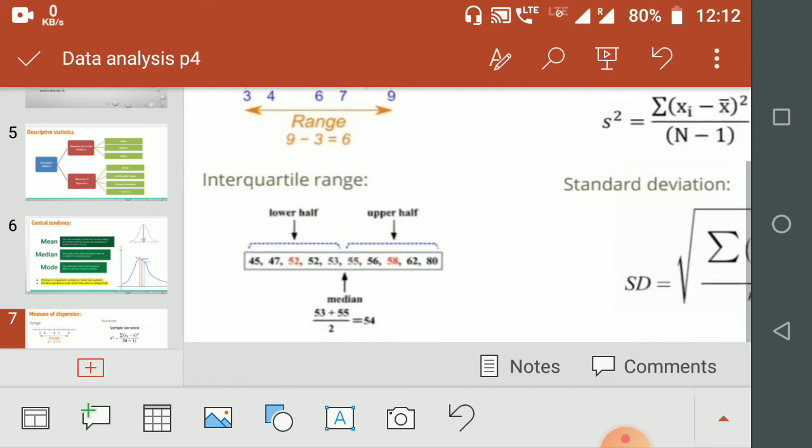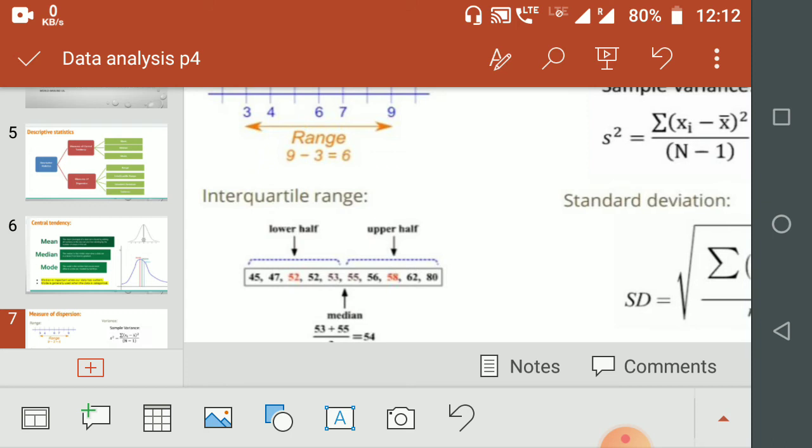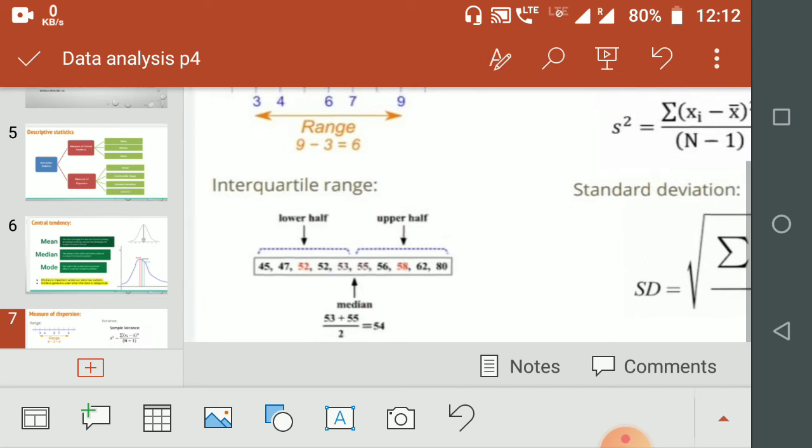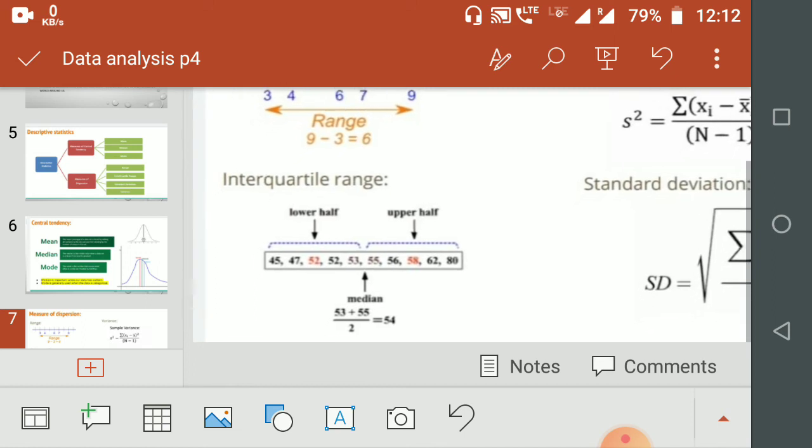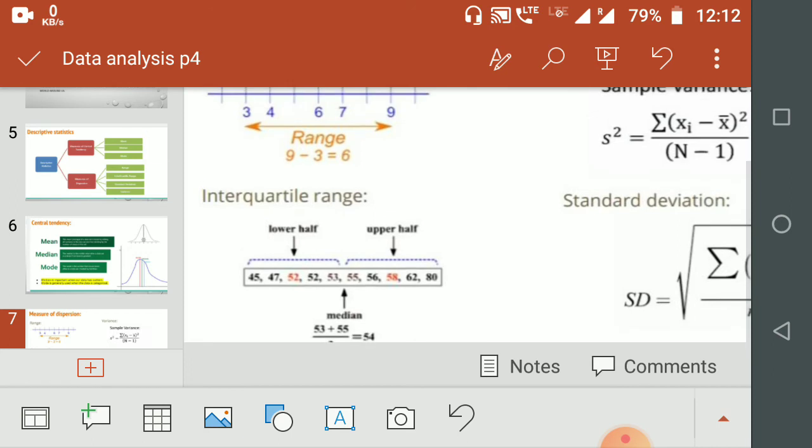We have a lower half and an upper half. We get the average of the lower half and the average of the upper half, and then we get the interquartile range, that is, 53 plus 55 divided by 2 is equal to 54.